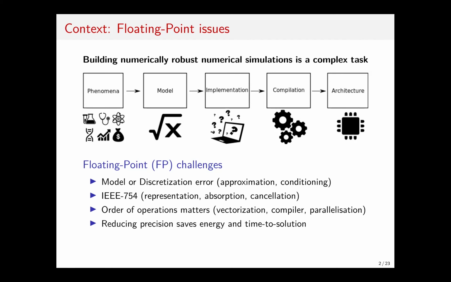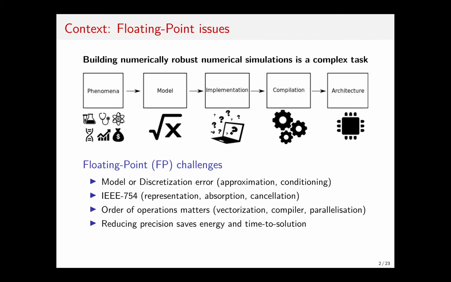With this very complex chain, what I'm going to talk about are the challenges we have with floating point representations. And there are many of them. We can have loss of accuracy at each of these different steps. At the model or discretization step, we can have discretization errors, depending on the approximations we make and on the conditioning of the problem. Then at the implementation and compilation steps, we have to deal with floating point formats.